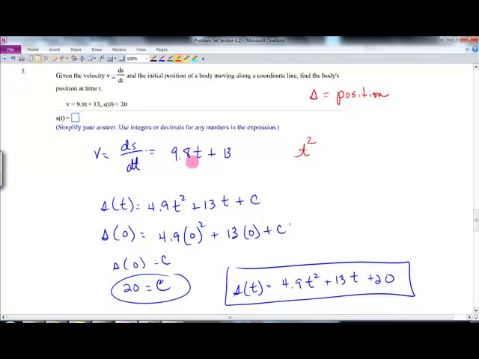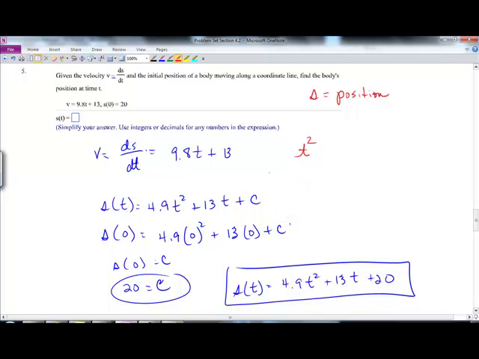So if you divide 9.8 by 2, you get 4.9. So 4.9t squared plus, and if the derivative is a constant, go up one, it would be 13t. And plus, you'll have some constant at the end. So that's what they're asking us to do, is kind of think backwards on that.